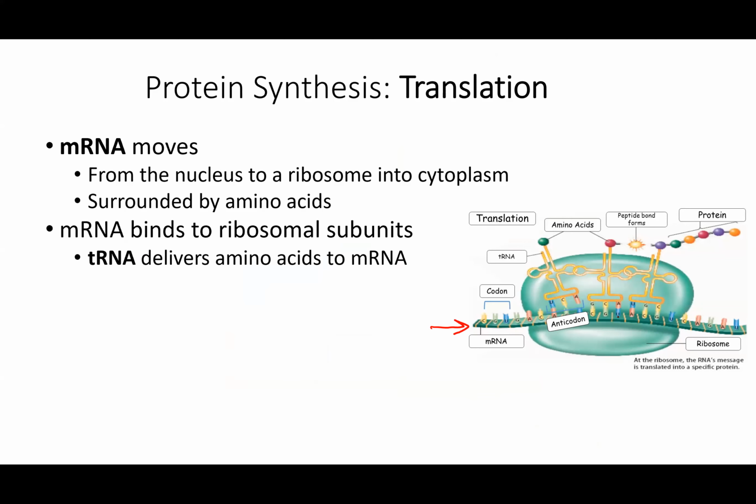The mRNA goes between the 2 ribosomal subunits, and the tRNA molecules, these guys right here, bring in individual amino acids. On the bottom portion they have an anticodon. You have these tRNA molecules floating around in the cytoplasm, each specific for a particular amino acid, and each has a specific anticodon that has to match just right with the mRNA molecule.